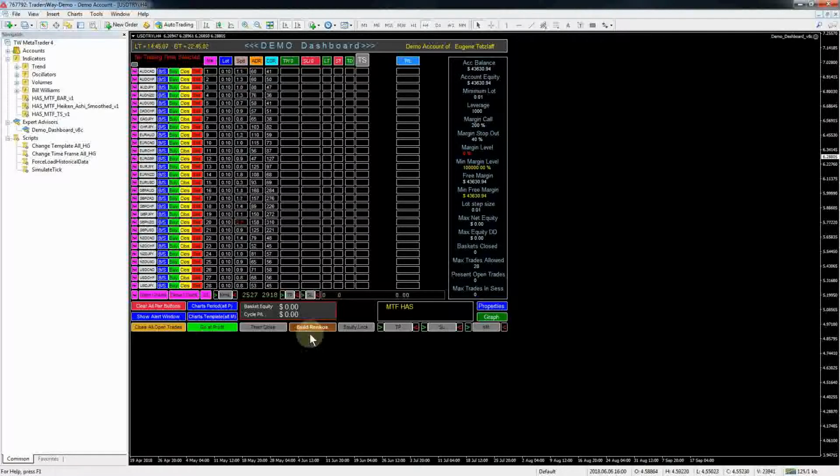What this requires is the HAS multi-time frame trading system version 1. That'll be the basic TS, and two other indicators that go along with it are the HAS multi-time frame Anakin Ashy Smooth version 1 and the HAS multi-time frame bar version 1.